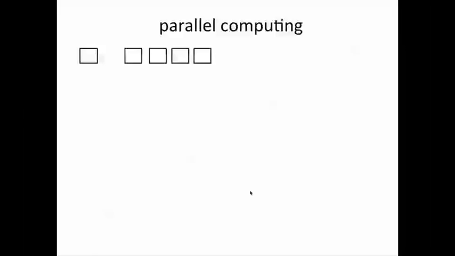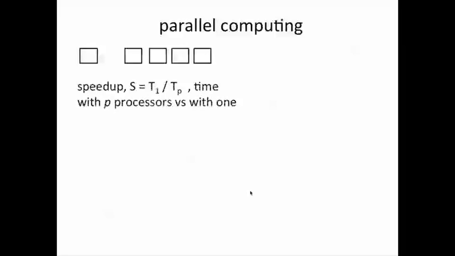So it's important to understand some basic principles when one tries to do things faster using more machines. If one uses P machines, one would expect that one can do the same task which took T1 time in less time. Let's call it Tp. The speed up, T1 over Tp, will obviously be greater than 1 and will increase as you increase the number of processors.